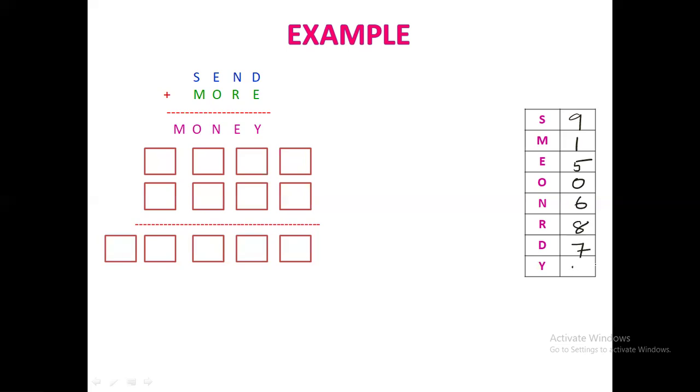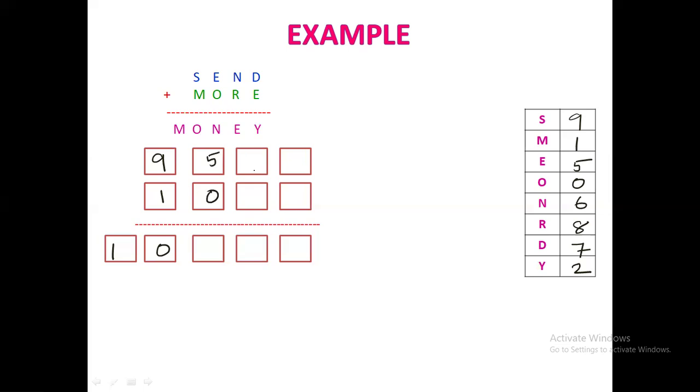2. And here, if you are substituting these values, what is the value we have to substitute for S? The S value is 9. Here 1, this 1, and here 1, 0. Next E value is 5, and here the O value is 0.